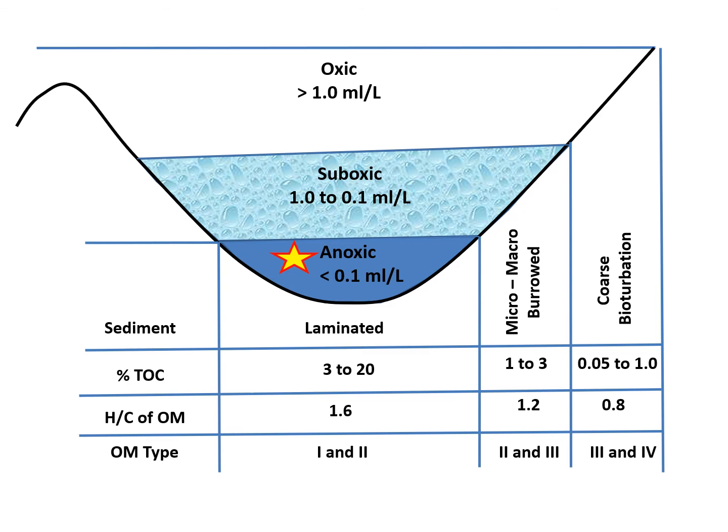So mostly you will find the soft bodies of worms and benthic metazoans. These conditions of the suboxic environment will tend to produce moderately oil-prone and gas-prone kerogen, so it means a moderate amount of hydrocarbon generation.